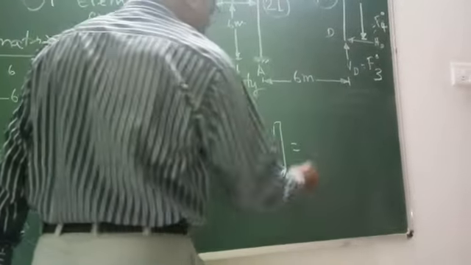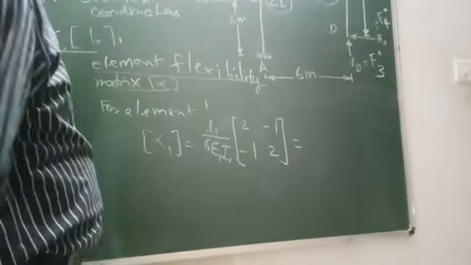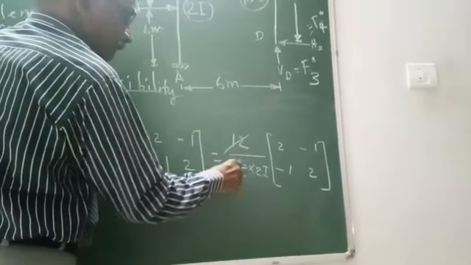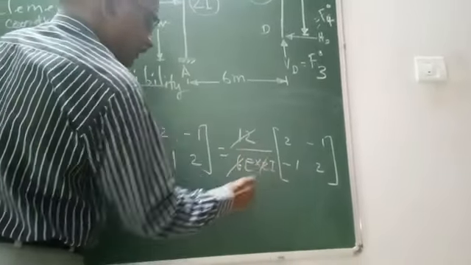This is equal to L1 is 12 meters, 12 by 6 E, I1 equal to 2 times I, [2, -1; -1, 2]. So this 12, 6 and 2 will get cancelled, this is equal to 1 by EI into [2, -1; -1, 2]. This is alpha 1 for element number 1.